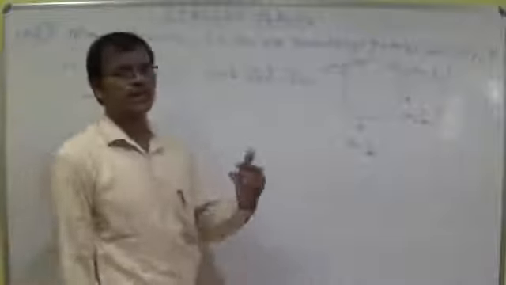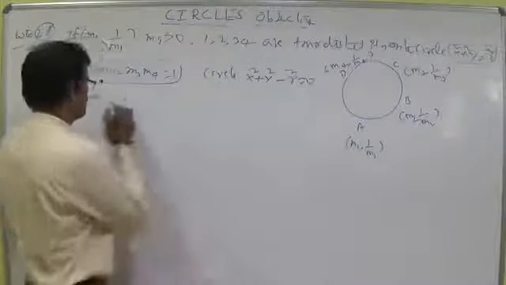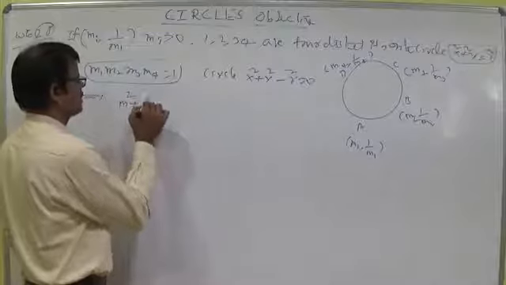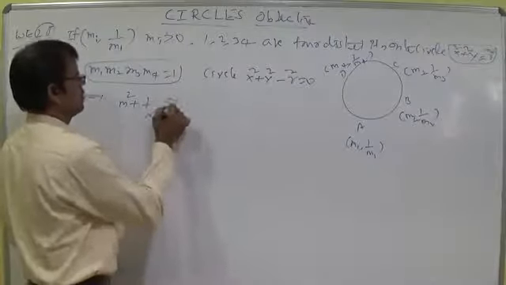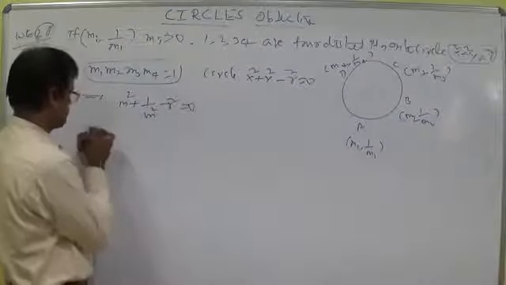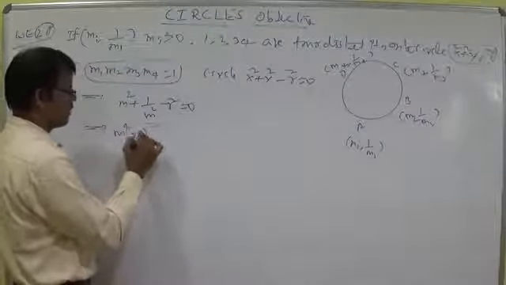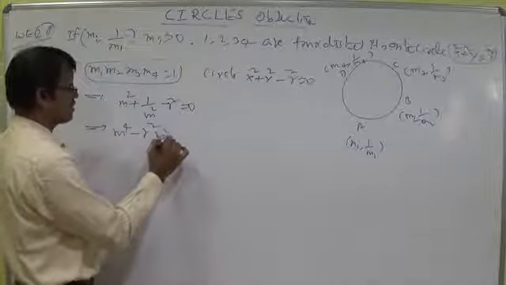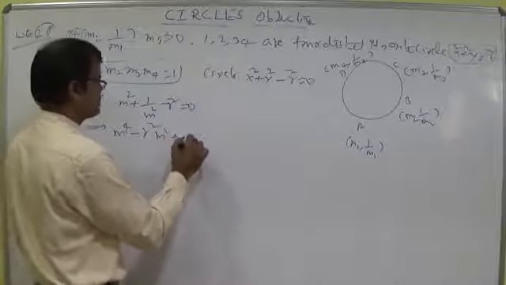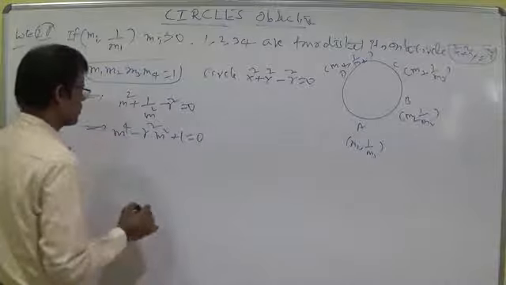If we take this in generalization as m square plus 1 by m square minus r square equal to 0, that implies m power 4 minus r square m square plus 1 equal to 0.